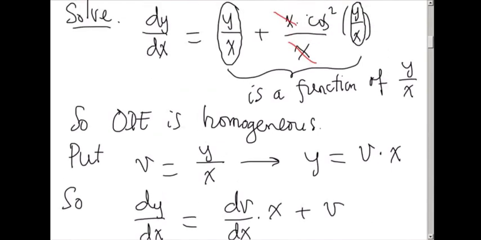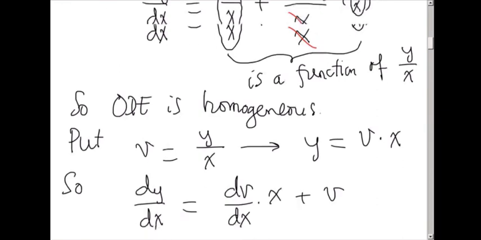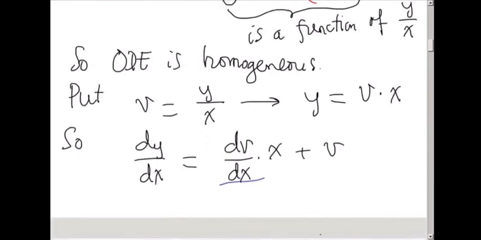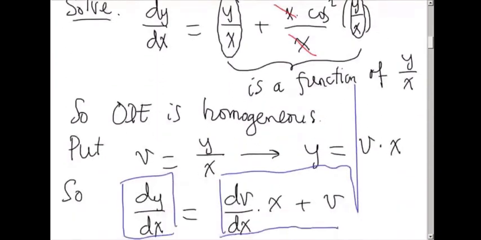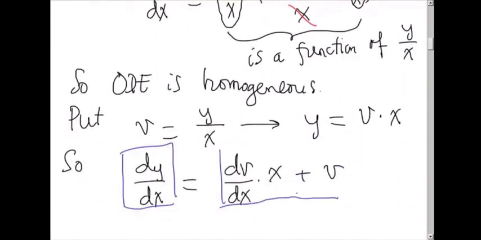Now, we're looking at the original equation. Here, whenever we see y over x, we're going to replace it by v. And whenever we have dy dx, we're going to replace it by the expression over here for dy dx. Let me make a box around that.